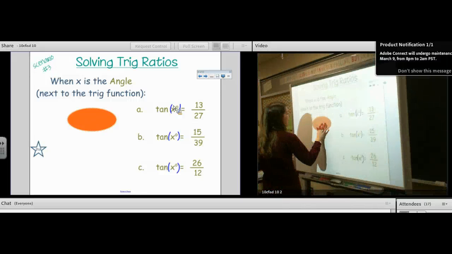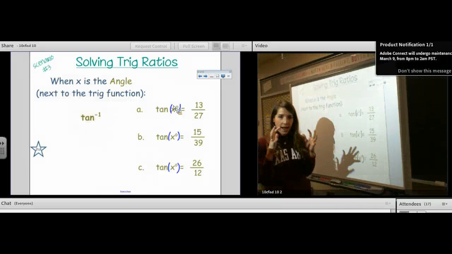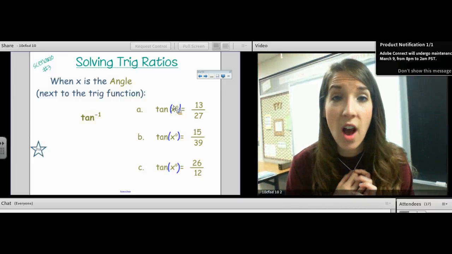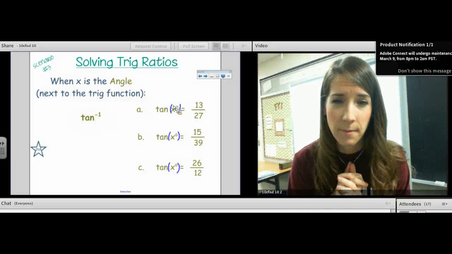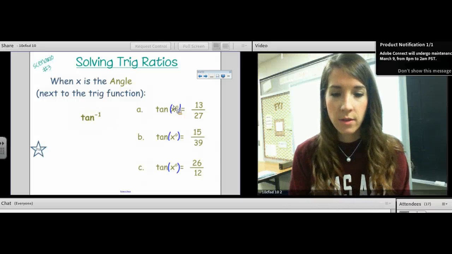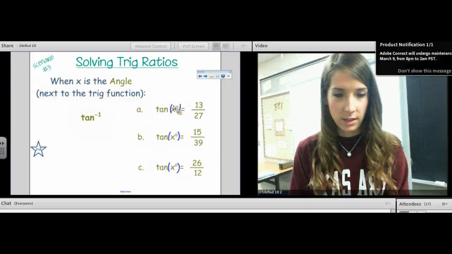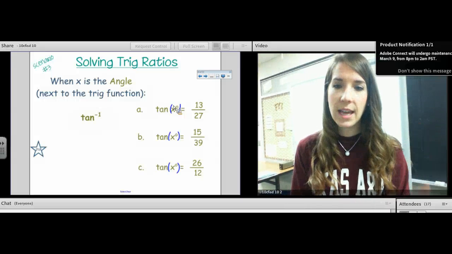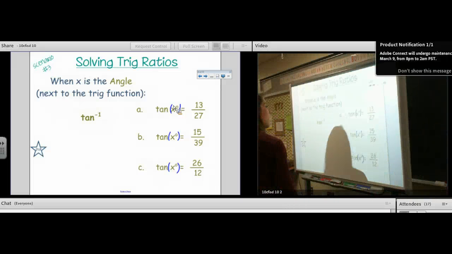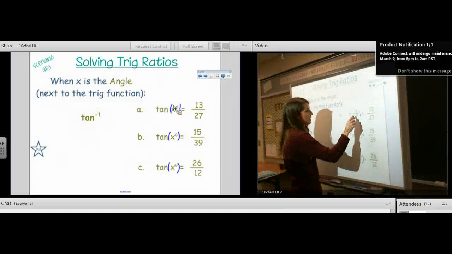When you see x and x is trapped in the trig function, you need to untrap him by doing the opposite of tangent, the opposite of cosine. So how this is going to work in our calculator is you're going to press the second button. So you press second tan, and then you put in the fraction. So if I want to untrap x, I do the opposite of tan.